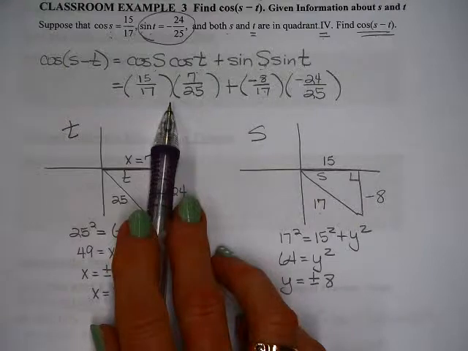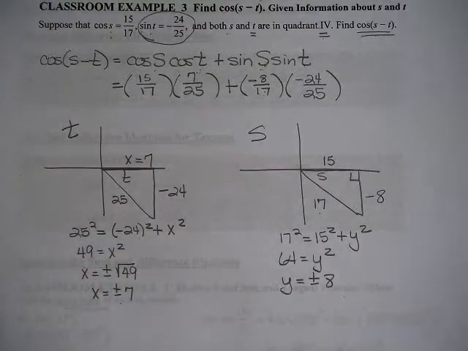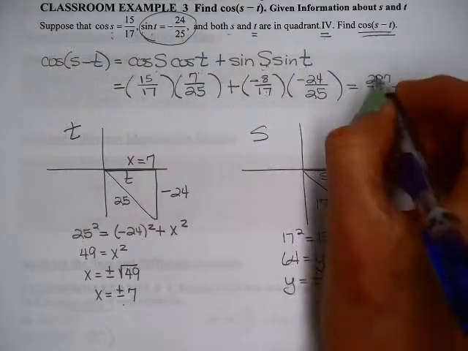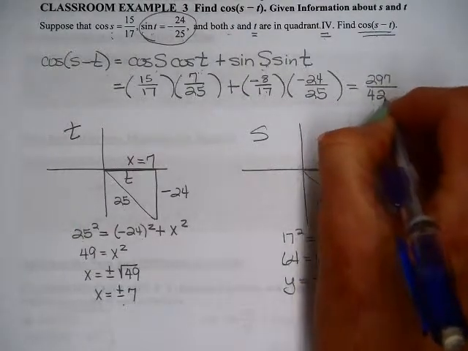You're almost there. It's going to be a big fraction. I think that's right. 297 over 425.